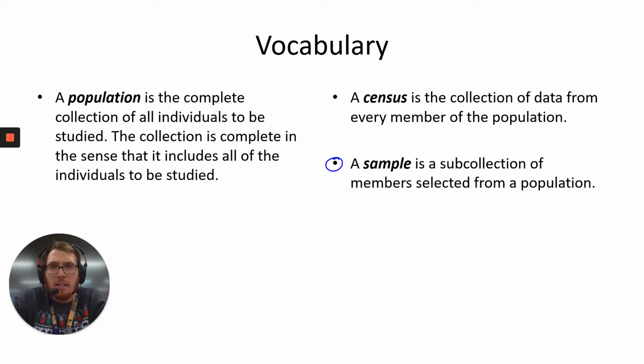Most data collection is a sample because it's hard to get a census of information. A sample is a subset, or smaller collection, of the population. It's pretty hard to get a census unless it's something like the students in my class. I can ask everyone in the class a question because you're in my class, but that can be more challenging if it's not. So those are some differences to look at when it comes to a census versus a sample.